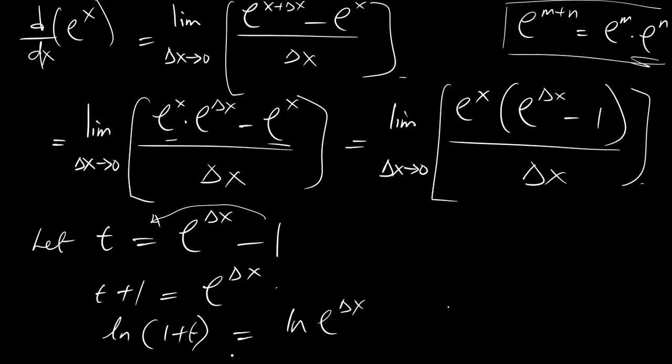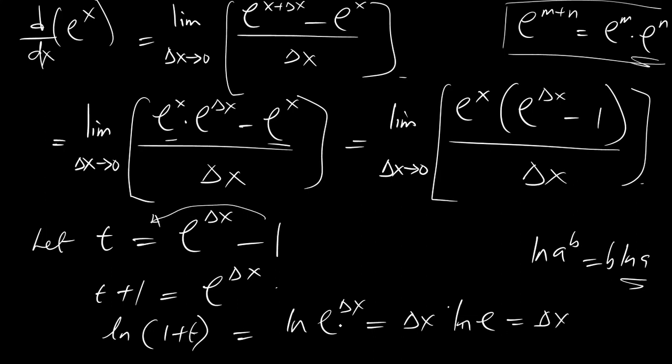According to the law of logarithm, ln a to power b is the same thing as b ln a. So rewriting this, you have delta x ln e, and ln e is equal to 1, so this is the same thing as delta x.